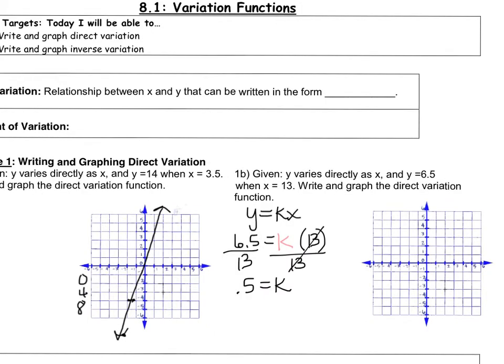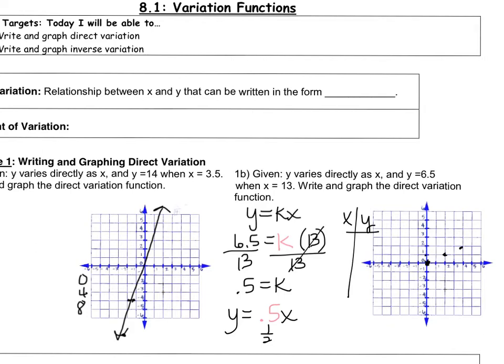When you solve example B for k, you get 0.5, which means the equation will be y equals 0.5x. So a couple ways to graph this. We could do slope-intercept form and start at 0. 0.5 is the same thing as 1/2, so we could go up 1 over 2, and that would give us the line. Or we could make a table and plug in various values for x.